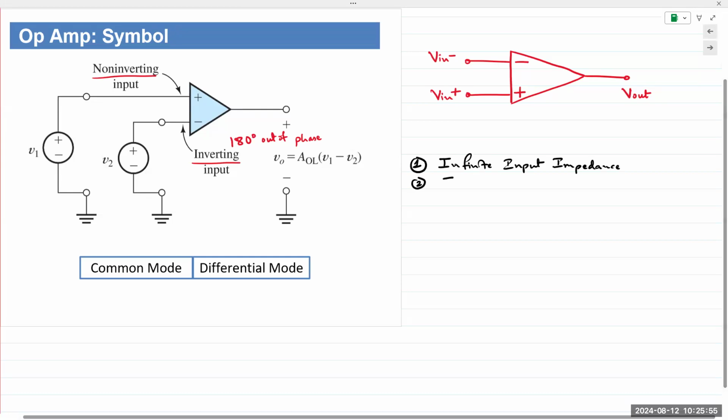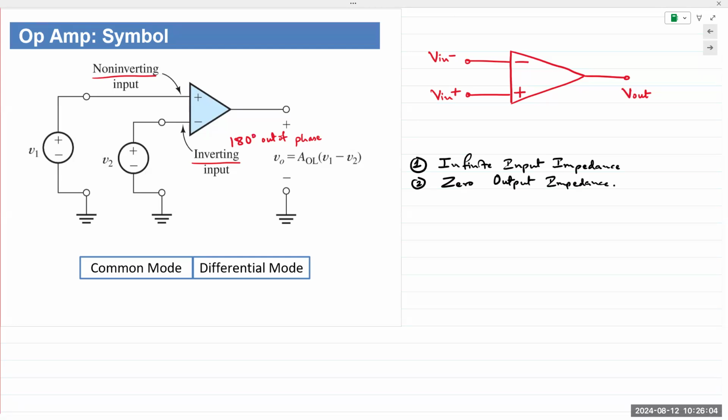Second is it will have zero output impedance. When you have zero output impedance, the entirety of the output is being transferred out of the circuit. Versus if you have even a little bit of output impedance, some of the signal will be dropped inside.